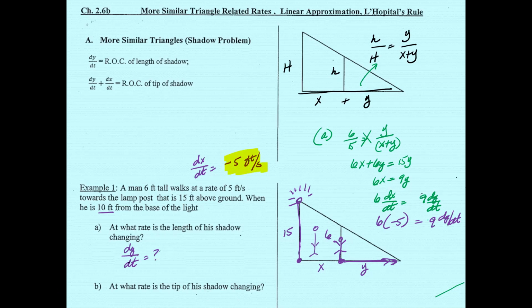Our goal here for A is to find the rate of change for the shadow. So you're going to solve for dy over dt. So dy over dt is equal to -30 divided by 9. And that is your answer. And if I reduce that, it reduces down to -10 over 3 feet per second.